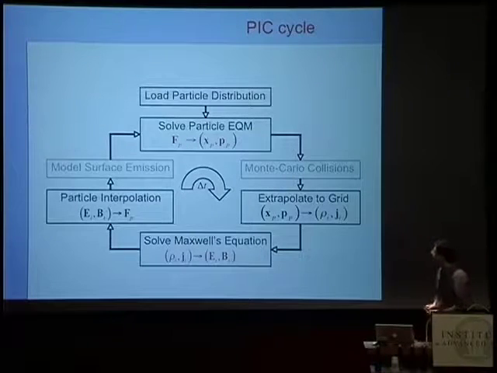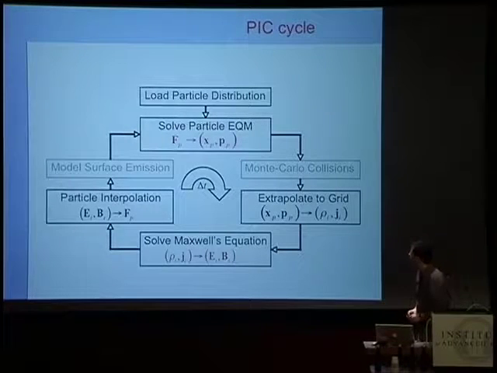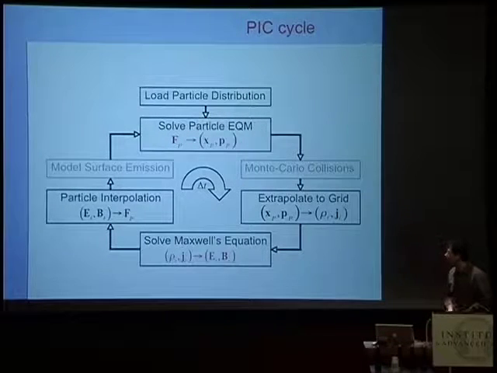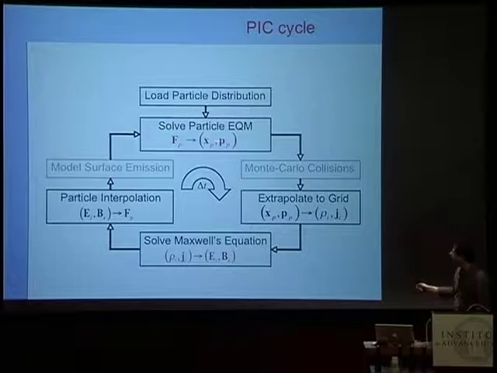To remind you, this is the main loop of a typical particle and cell code. We initialize the particles, initialize the fields if we need to, and then move the particles according to the equations of motion. In this case, it's a Lorentz force acting on particles.